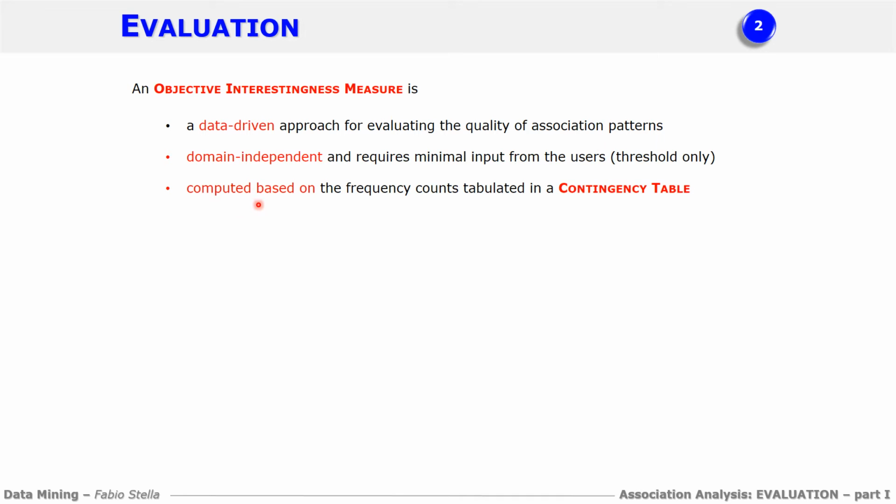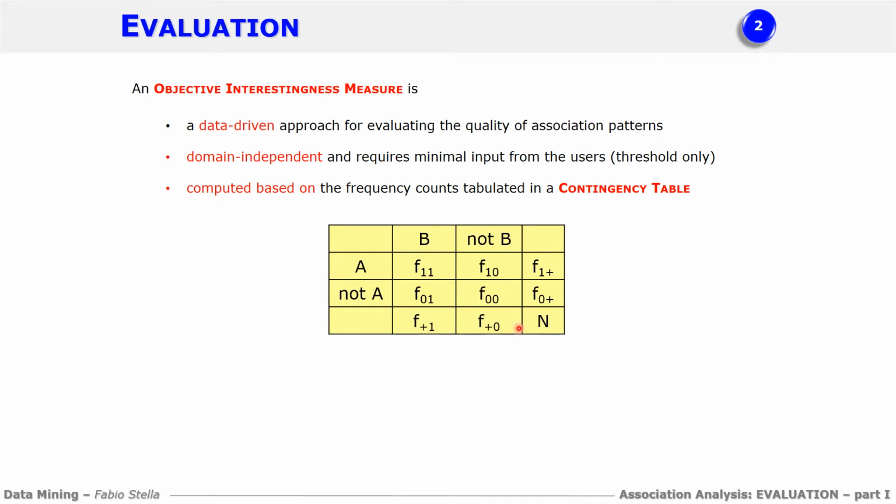Furthermore, it is computed based on the frequency counts tabulated in a contingency table, so a table of the following form, where we have that A has the following meaning: item A is present in the transaction, while not A has the following meaning: item A is not present in the transaction.